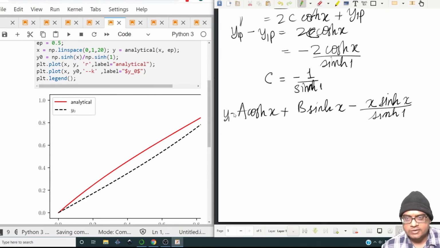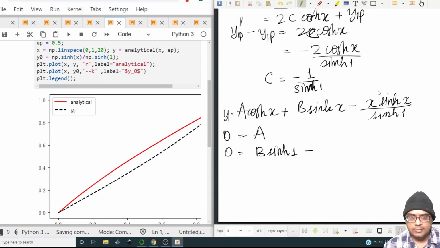So y1 at 0 is 0. So 0 equal to, at x equal to 0, this is a. Everything else is 0. And y1 at 1 is also 0. So a is 0, and this is b sin h of 1, and this is minus 1. So b is 1 upon sin h of 1 and a is 0.